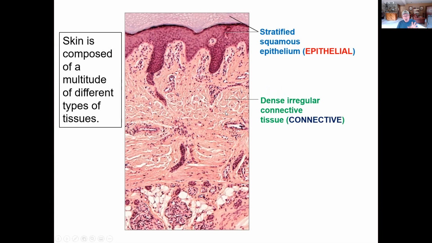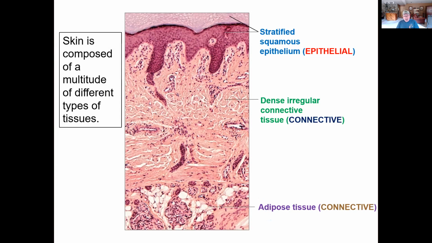Here, they're much more loosely oriented. And if you look closely, you'll see down below here another kind of connective tissue. Hopefully you can recognize that. That, of course, is adipose tissue, another type of connective tissue.